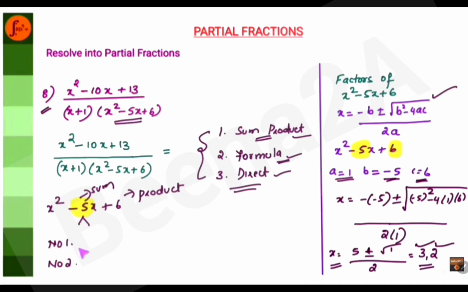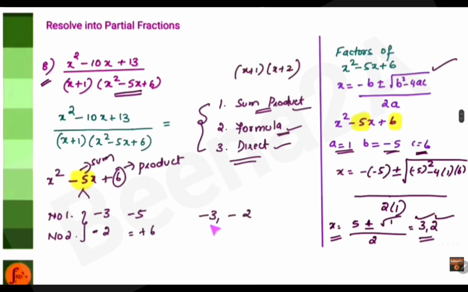And when you multiply these numbers, you have to get 6. So we can take 3 and 2, because when we multiply 3 and 2, we'll get 6. And when we add 3 and 2, we'll get 5. But we'll have to get minus 5. That means both of these numbers should have minus, because when you add minus 3 and minus 2, you're going to get minus 5. And when you multiply minus 3 and minus 2, you're going to get plus 6. So here we get minus 3 and minus 2. The way we'll have to write this is x minus 3 and x minus 2. This is how we'll have to write.